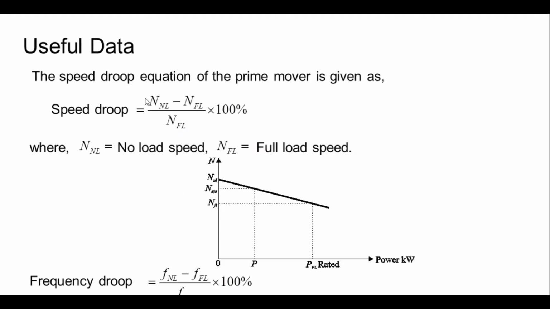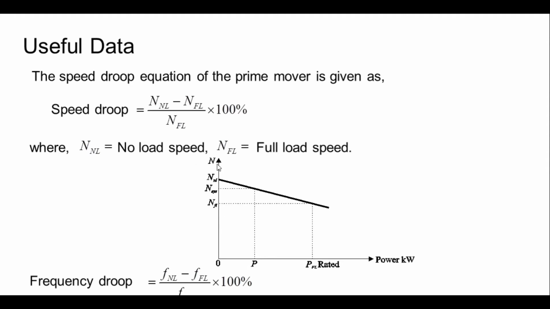Now, the useful data to solve this problem is the droop in the speed of the prime mover that is connected to the synchronous machine, which is given as the ratio of the difference in speeds at no load and full load, and the speed at full load.